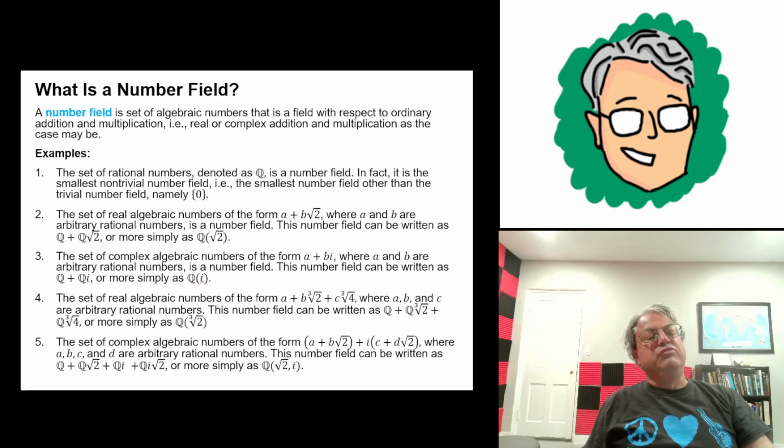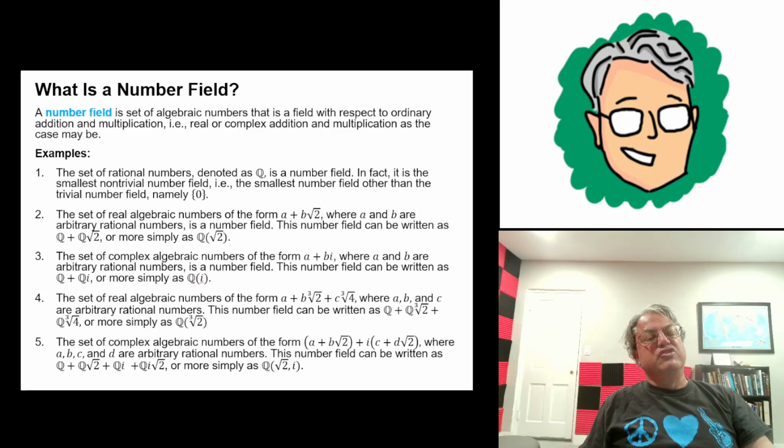And then example 4, we have numbers of the form a plus b times the cube root of 2 plus c times the cube root of 4. It turns out if you just did a plus b times the cube root of 2, that is not a number field, because you're going to get the cube root of 4 in that field, but that wouldn't be a number of the form I wrote down.